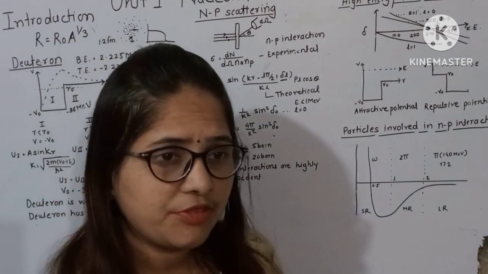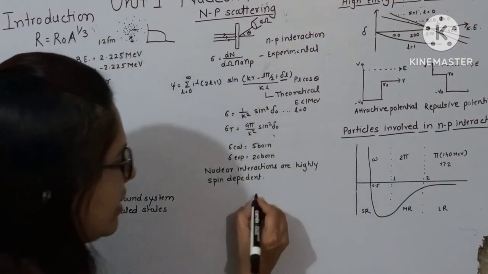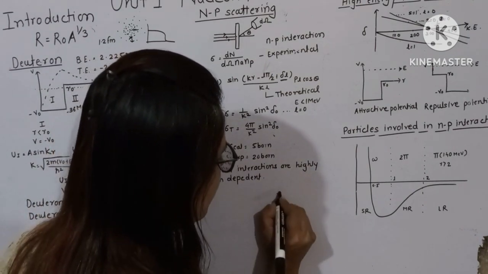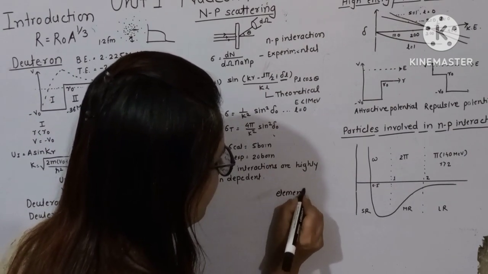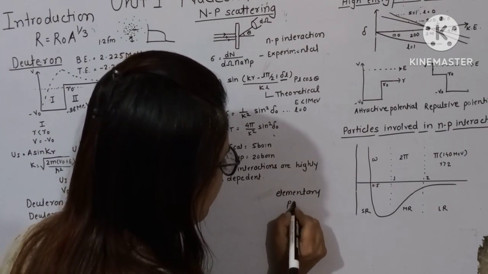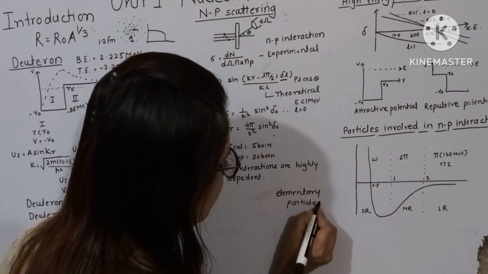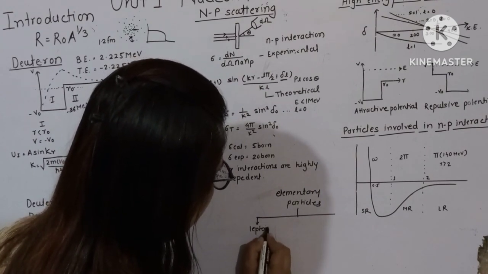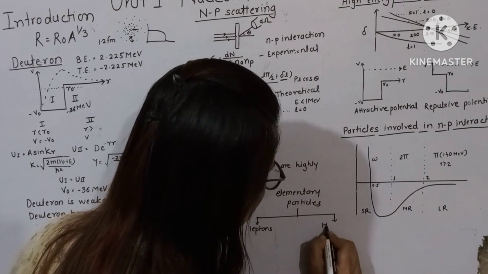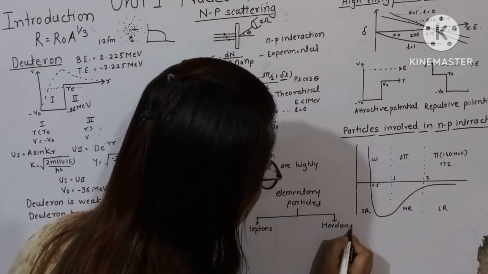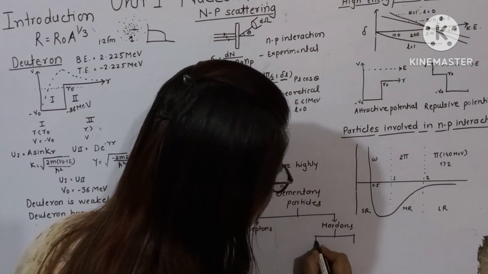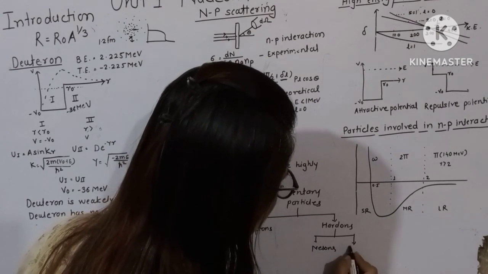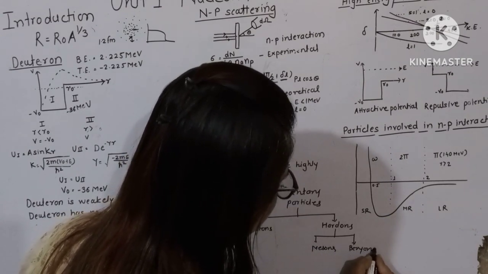Now we have seen the classification of the elementary particles. They can be classified as leptons and hadrons. And hadrons can again be classified into mesons and baryons.